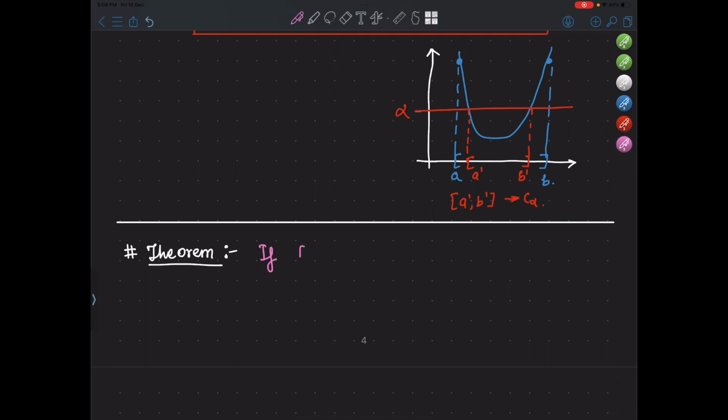If f is a convex function, then the level set C alpha is also a convex set.